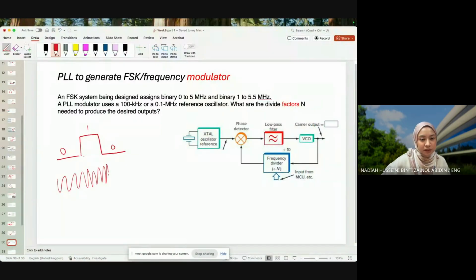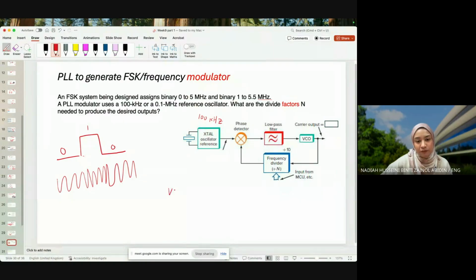So it's going to be faster than slow. This is what it wants to do. A PLL modulator uses a 100 kilohertz reference oscillator. What are the divide factors N needed to produce the desired outputs?